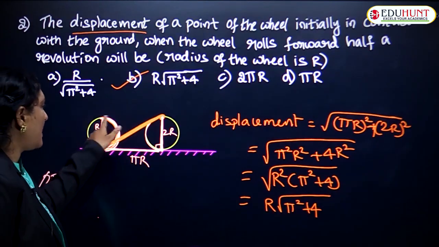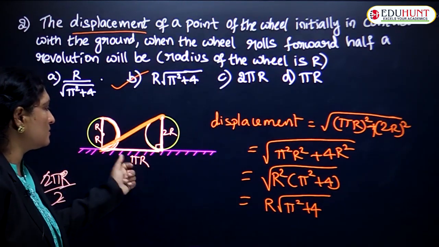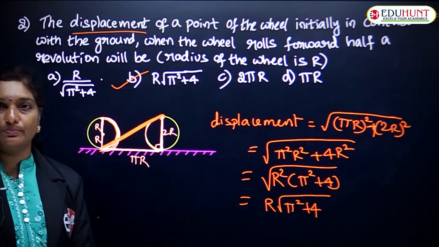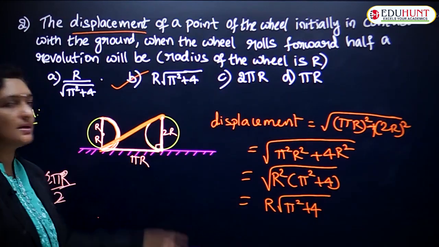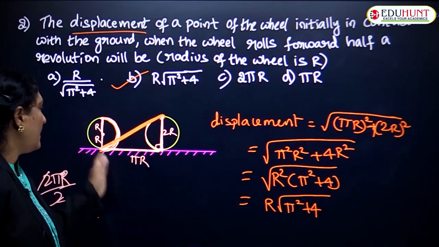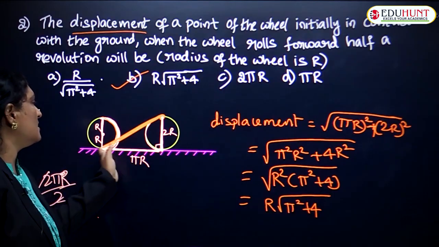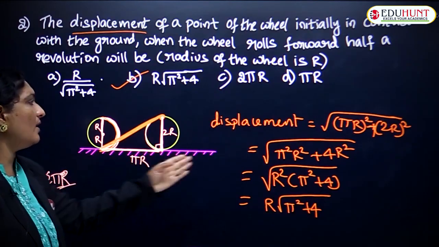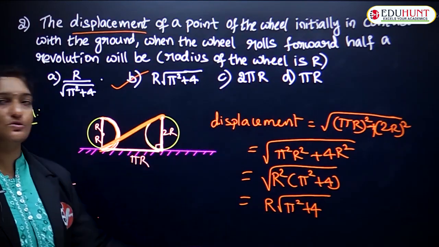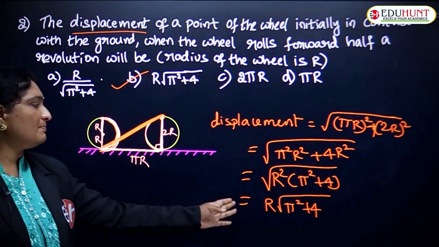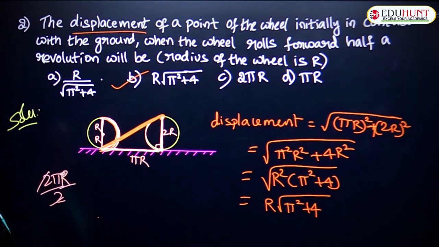As it touches the ground from here to here, the total length was taken as pi R and the diameter of the circle was taken as 2R. Hence the length from initial to final position is root over (pi R) whole square plus (2R) whole square. After simplification, the displacement of the point of contact is R root over pi square plus 4. Okay children?